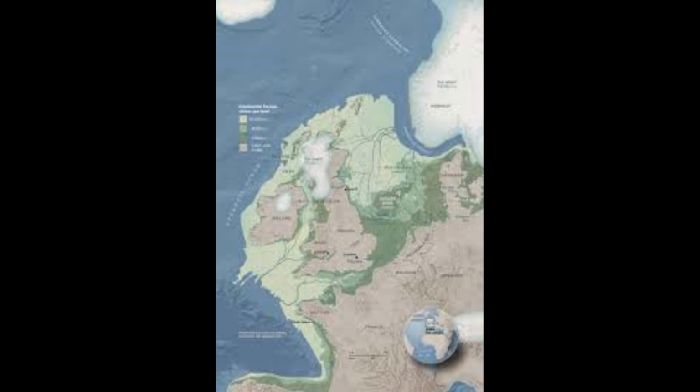But 10,000 years ago, the Irish Sea, the North Sea and the English Channel were still all dry land. But over time they gradually became submerged as the sea levels rose. Eventually, around 8,000 years ago, the English Channel filled, and Britain and Ireland became the islands they are today.